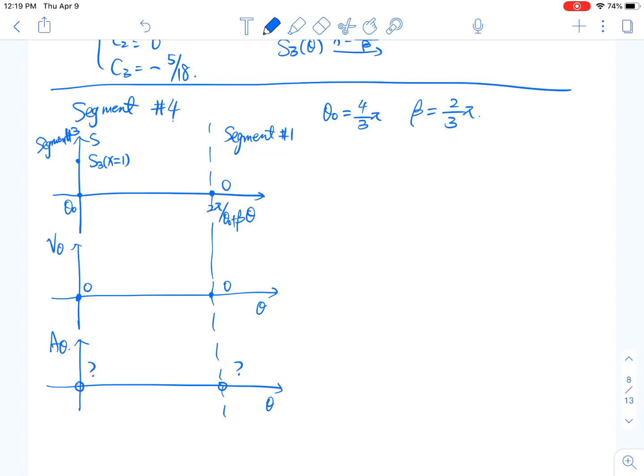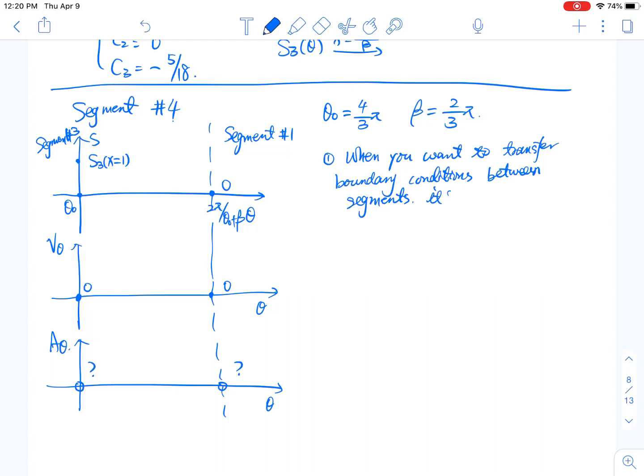So when you want to transfer boundary conditions, okay, so let me write it down. When you want to transfer boundary conditions between segments, it's better to do it in time domain, because in time domain we can assume the continuity.